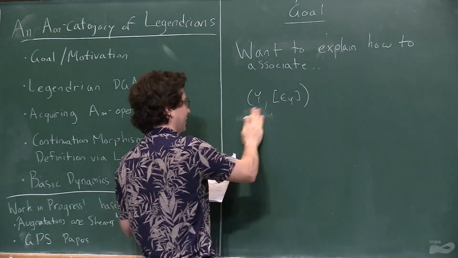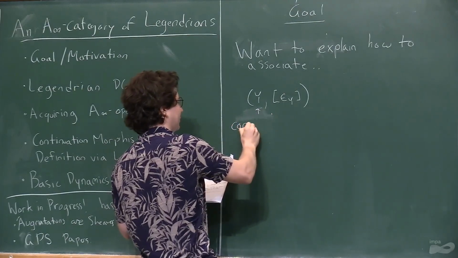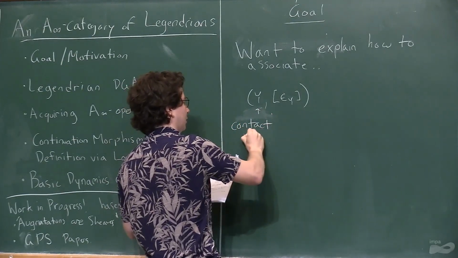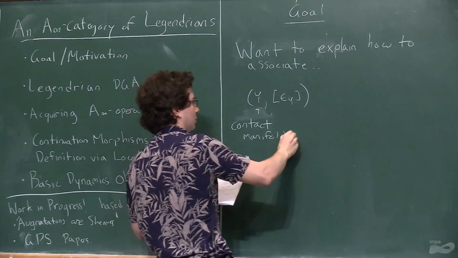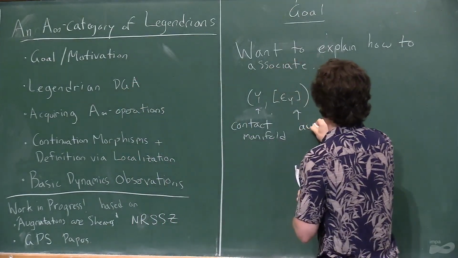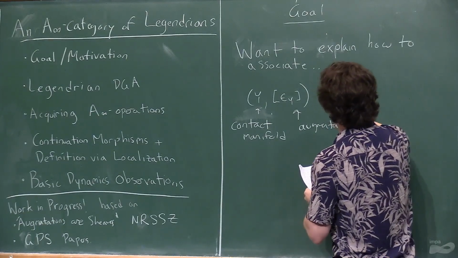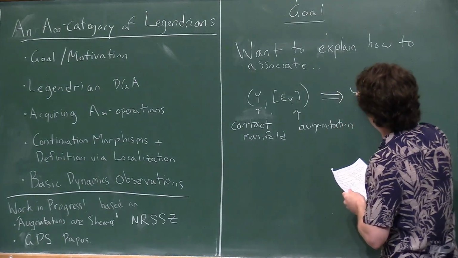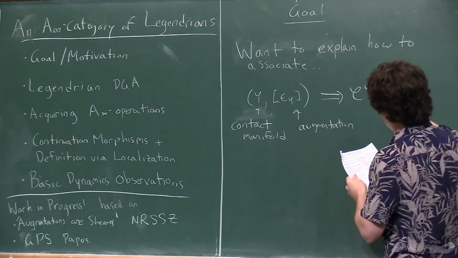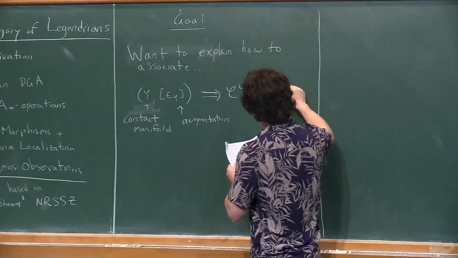So this guy is a contact manifold. This guy is an augmentation. And to this thing, I want to explain how to associate some category, which I'll denote like this.